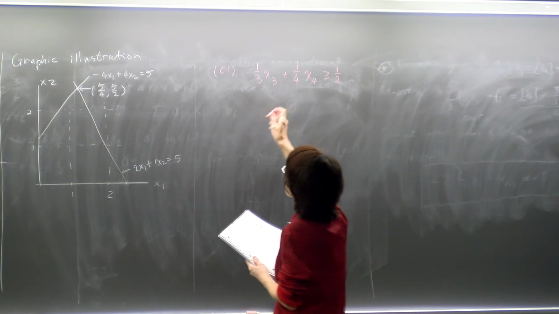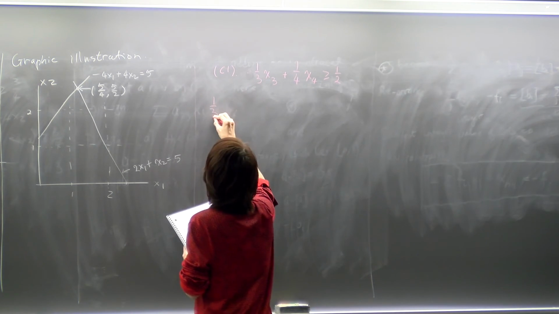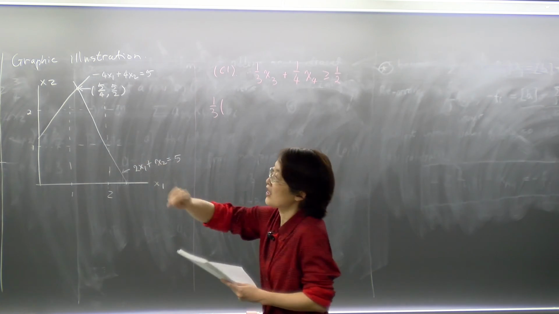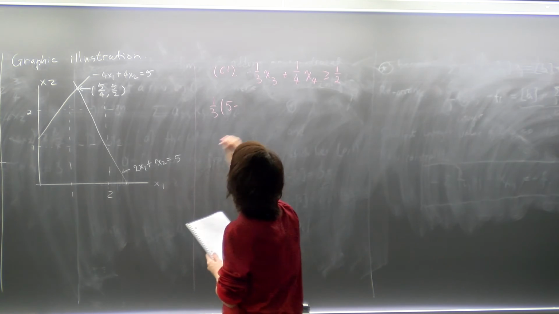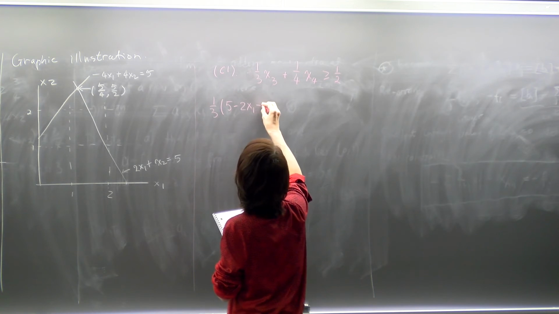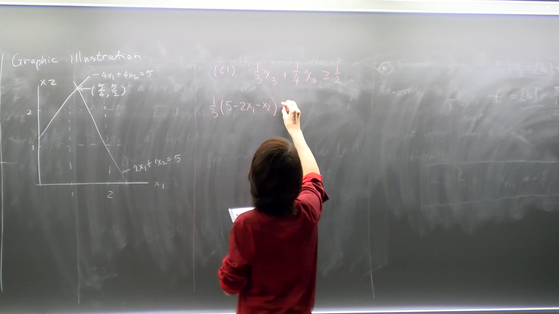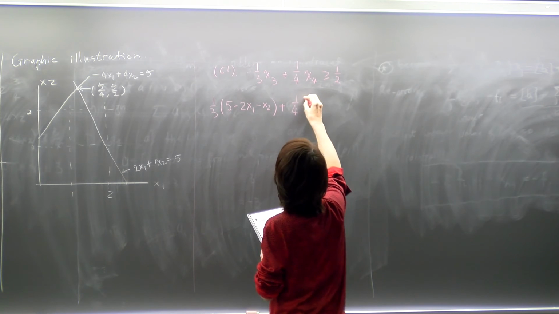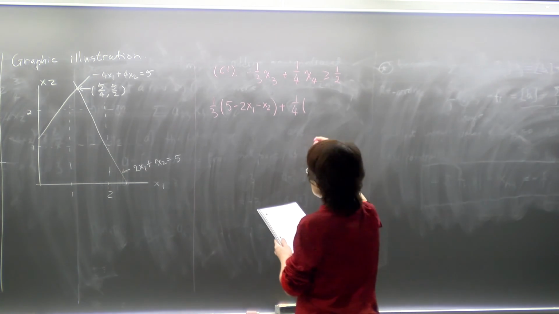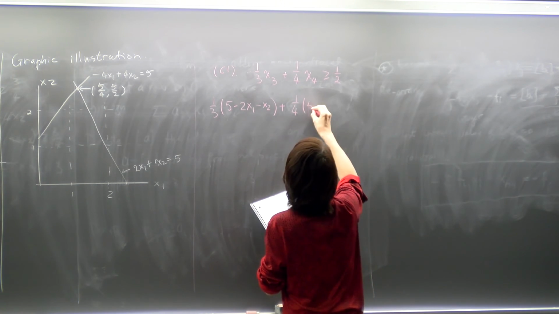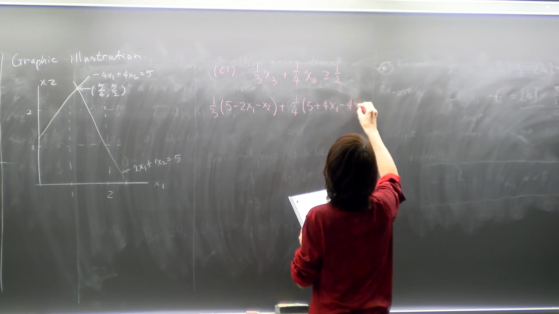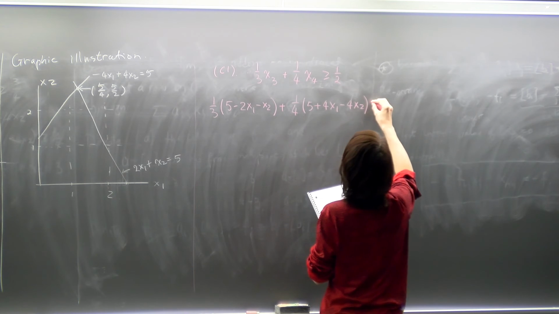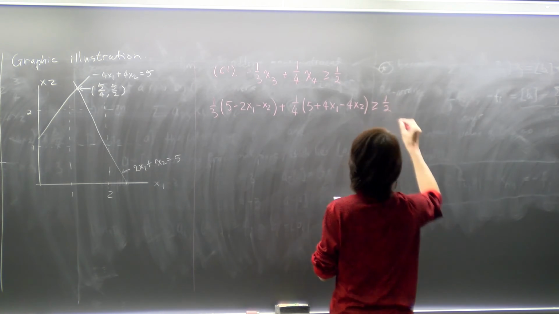Okay, let's put in the expression for x3. x3 is the slack variable of the first, so it's 5 minus 2x1 minus x2. And x4 is the slack for the second, which is 5 plus 4x1 minus 4x2, and that shall be bigger than half.